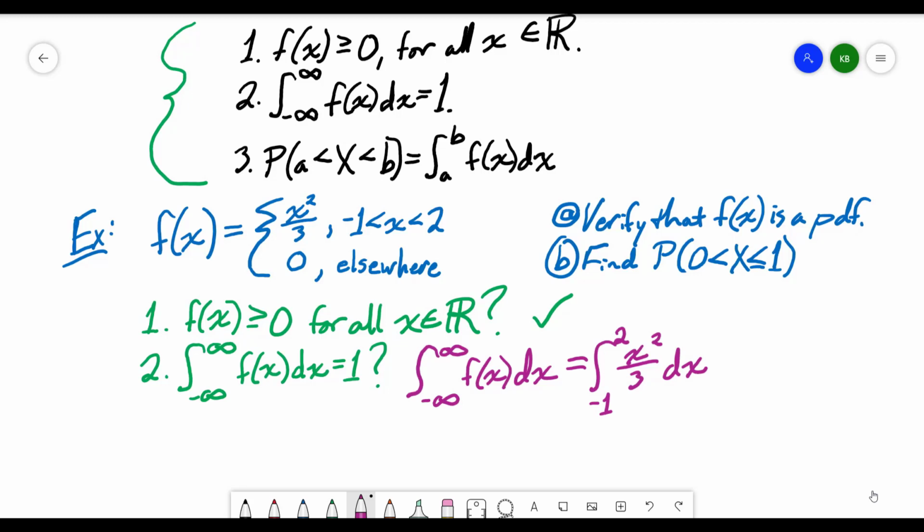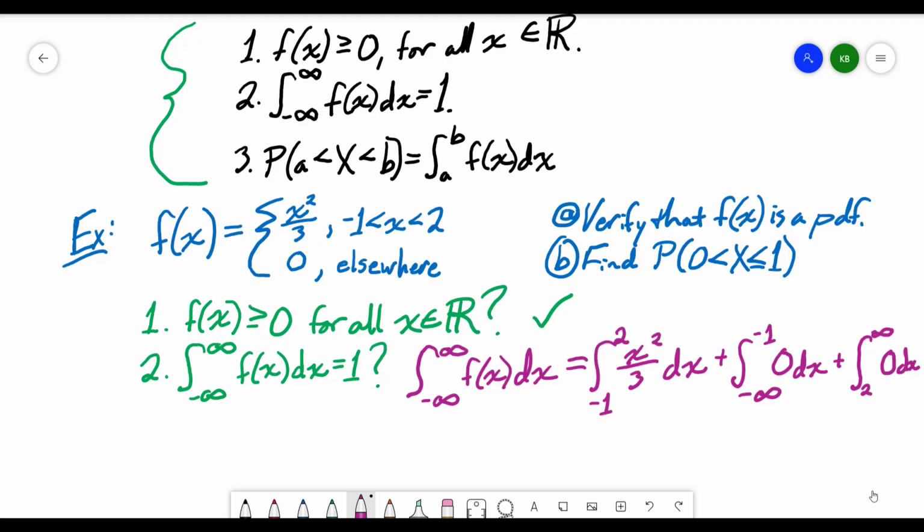So from negative infinity to negative 1, I'd be taking the integral of 0. And from 2 to infinity, I'd be taking the integral of 0. Now remember, when we take integrals over different intervals and they don't overlap, we can add them together to get the integral of the whole space.